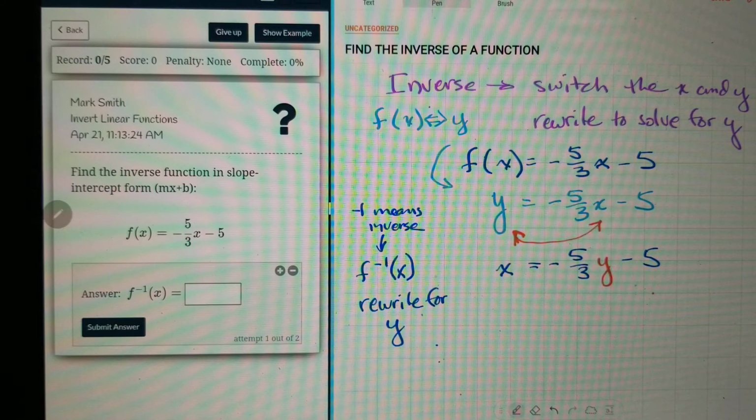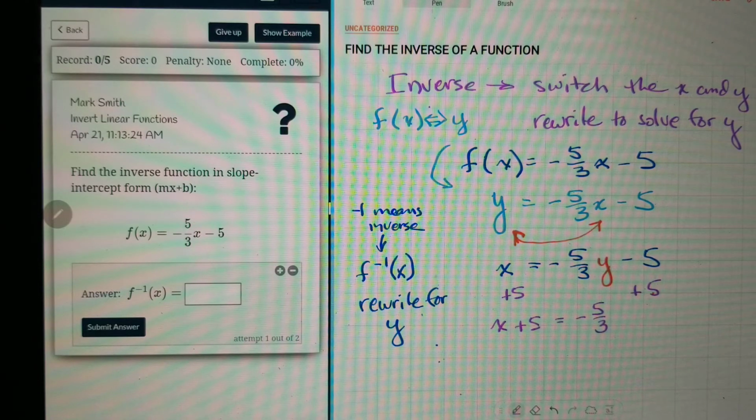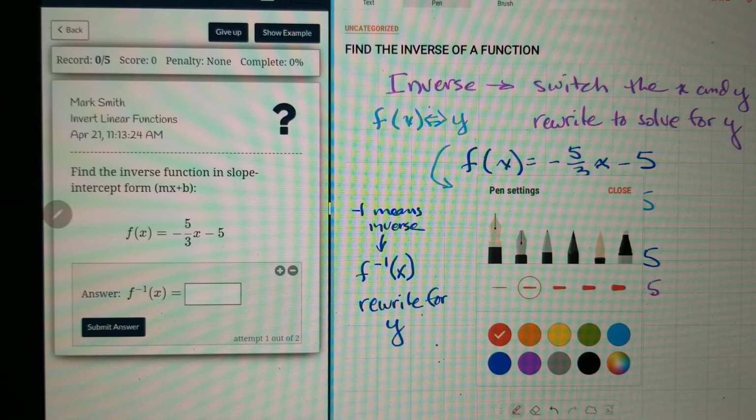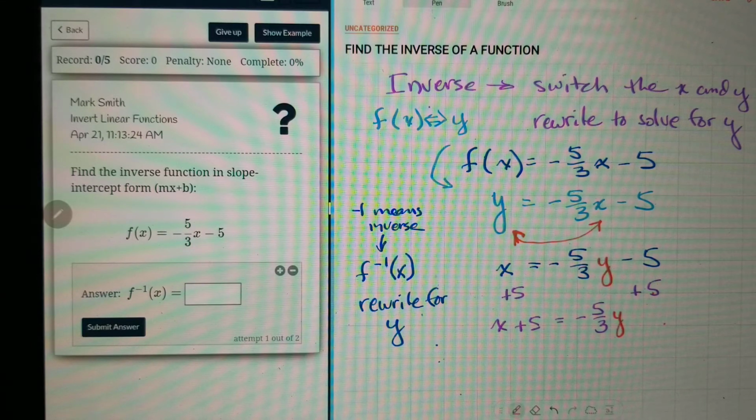First thing we're going to do is add 5 to both sides, so plus 5. Now this says x plus 5 equals negative 5/3 y, and the two 5s canceled out.